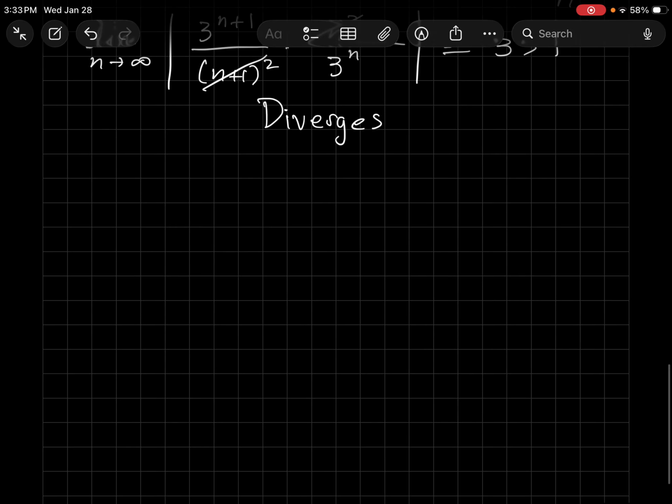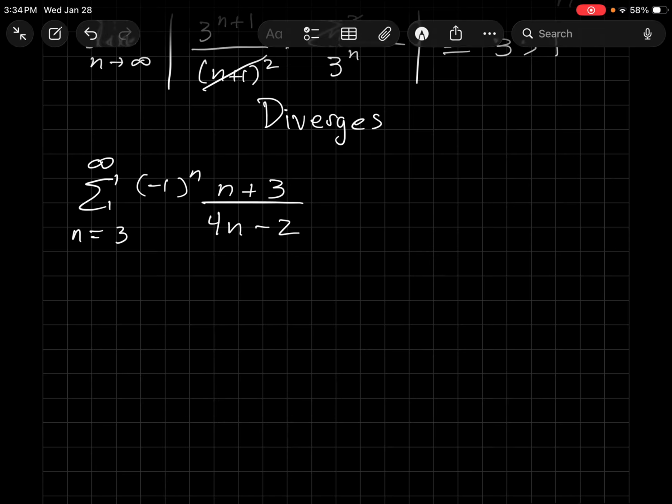All right, let's take a look at the sum n equals, say, 3 to infinity of negative 1 to the n, and then n plus 3 over 4n minus 2. Alternating series, but beware here. Let me just look at this part, the n plus 3 over 4n minus 2, ignoring the alternating part, because it's not going to determine what happens here.